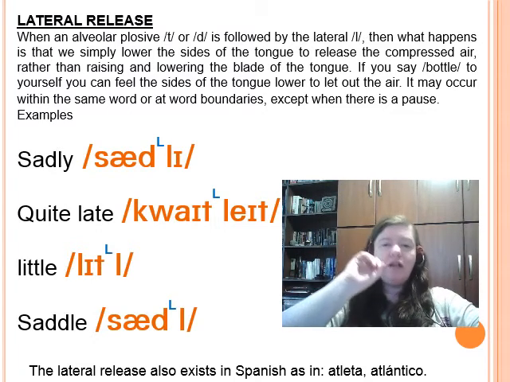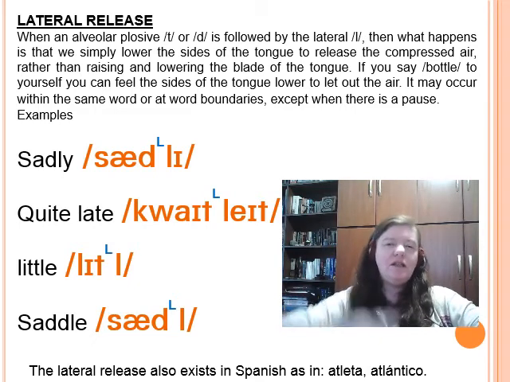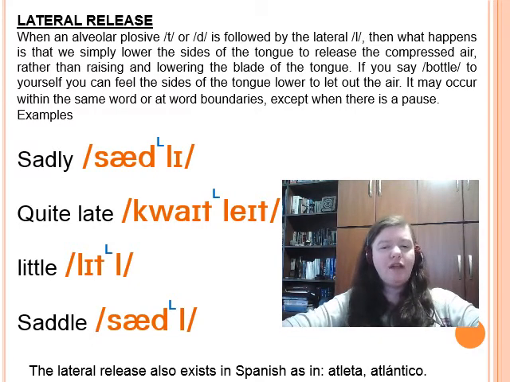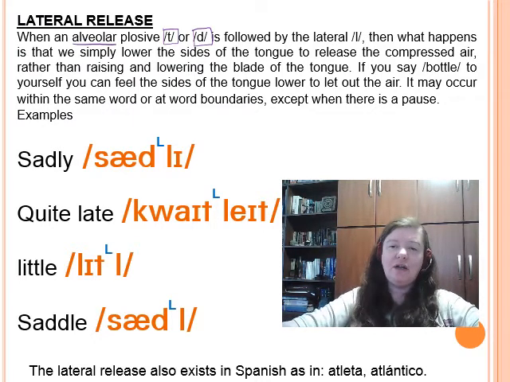But in the case of the lateral release, this allophone affects only two plosives, the T and the D. That is to say, the alveolar plosives. Okay? And they are affected when they are followed by the lateral. The lateral is the sound L.